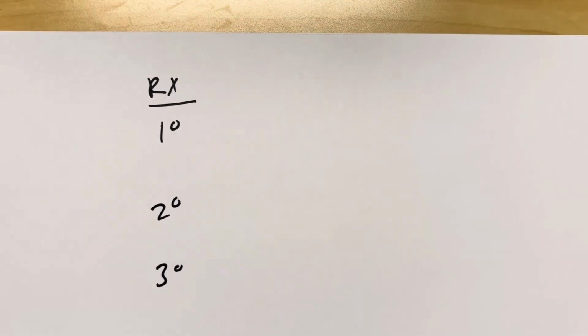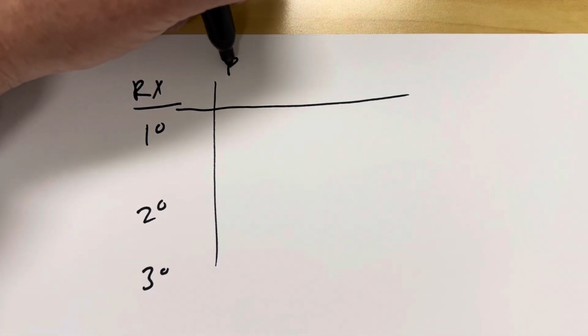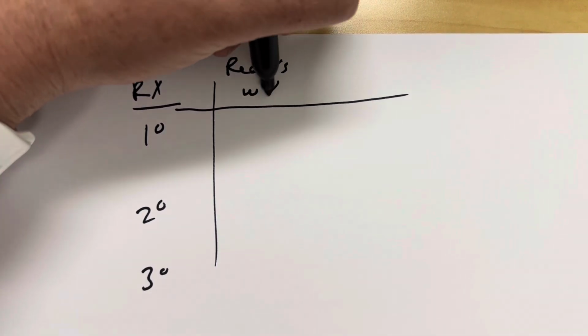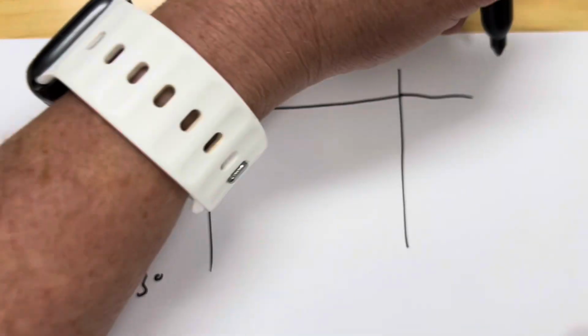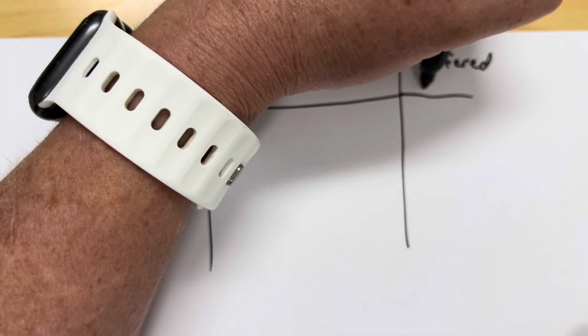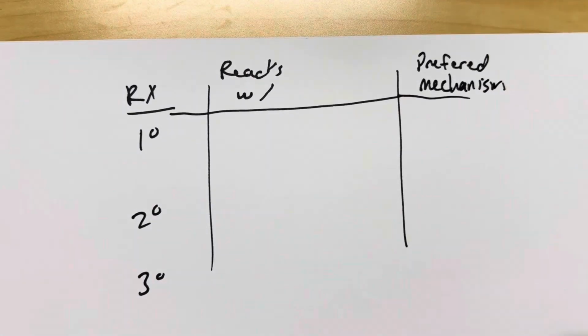So let's go ahead and do, if we have a primary alkyl halide, secondary or tertiary, okay. And let's say when things react with what, and let's talk about which mechanism they prefer. Okay.